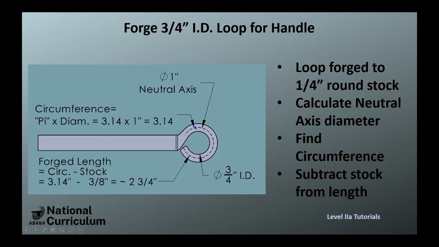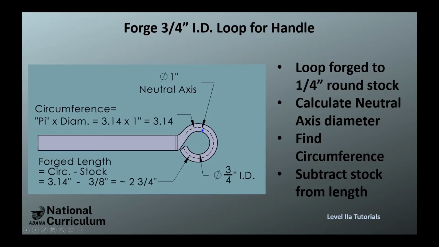So this outside part will be stretching, this inside part will be compressing, but this dotted line here is going to stay the same. And that's for a circle that's in the middle of it. When you start getting into other crazy sections, it moves around. But that's going to be 1/8 of an inch here, plus 1/8 of an inch here, and 3/4 of an inch. So that gives us a total of 1 inch.